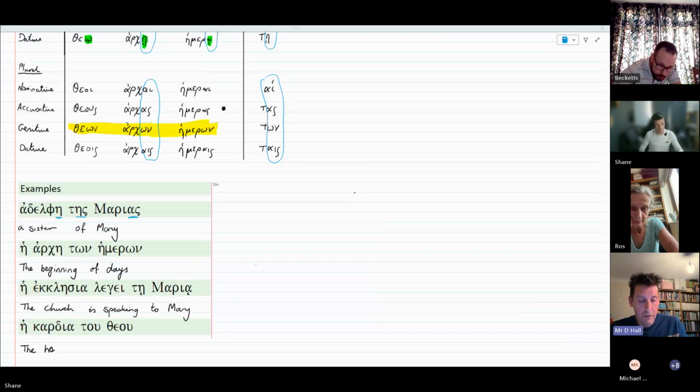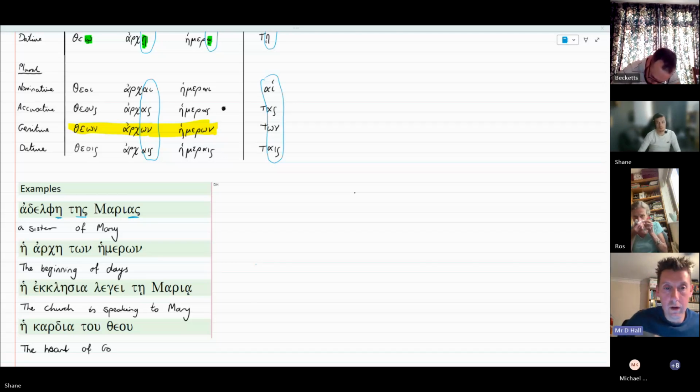And then tou theou. So, of course, if we have a masculine noun in our sentence, then we're going to use a masculine article. Okay, so we'll get the right article depending on the noun that we've got. So we've got the heart of God. All right, so it's important to make sure that your article agrees in case and ending.